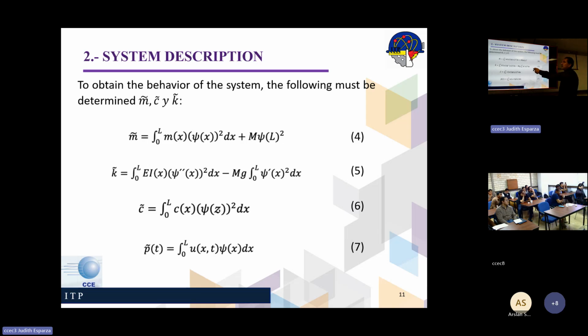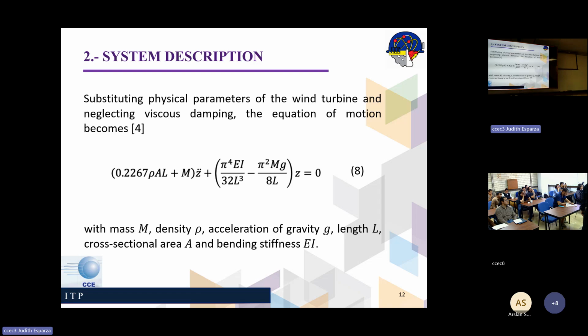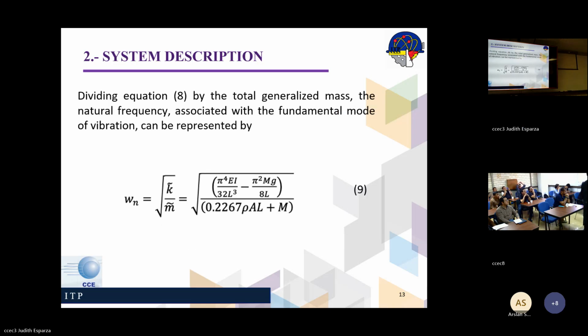In this part, we use the shape function, and finally we obtained this expression. This expression is the generalized dynamic model of the wind turbine system. In this case, we neglect viscous damping. Finally, we obtained the expression of natural frequency in analytical form.